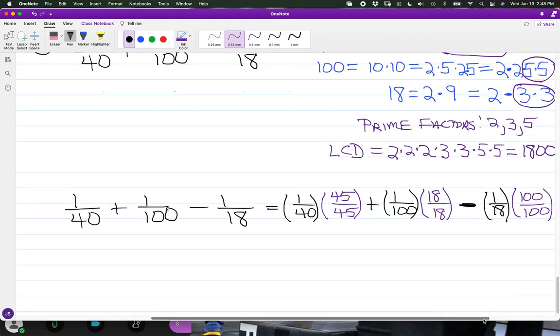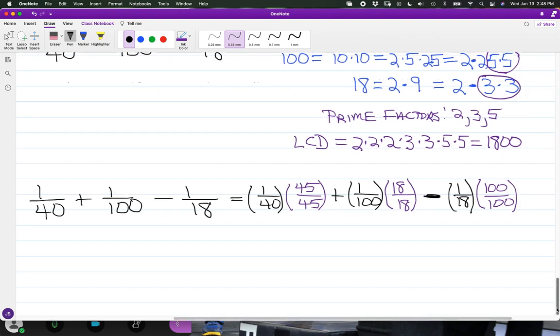Now we're going to have all the fractions adjusted to consist of the denominator 1800. So the first ratio would be 45 over 1800 plus 18 over 1800. And then we'll have minus 100 over 1800.